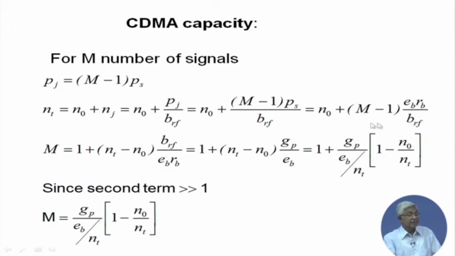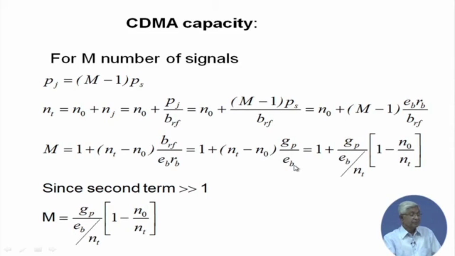By rearranging the terms, m is equal to 1 plus NT minus N0 into BRF by EB RB. BRF by RB is the processing gain or coding gain, whatever we call it, CDMA gain, GP. So it becomes 1 plus NT minus N0 GP by EB.